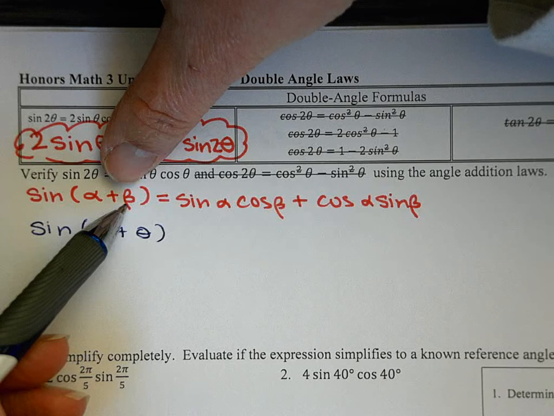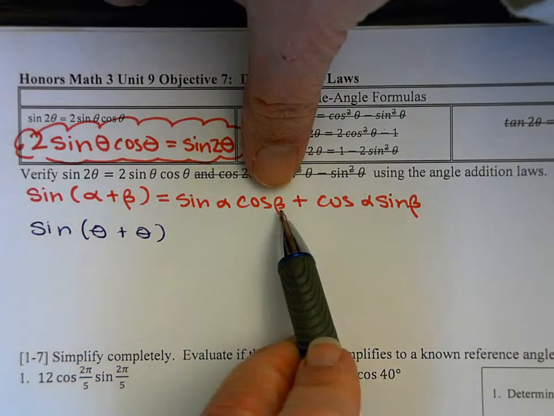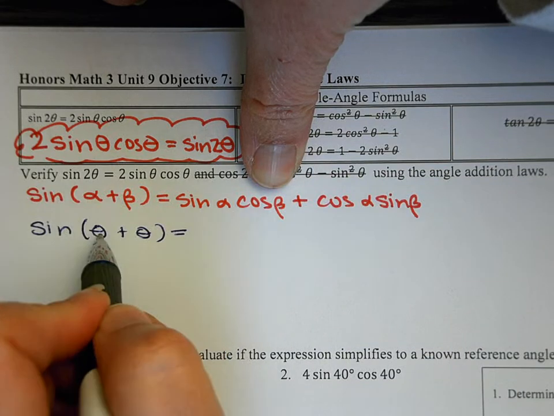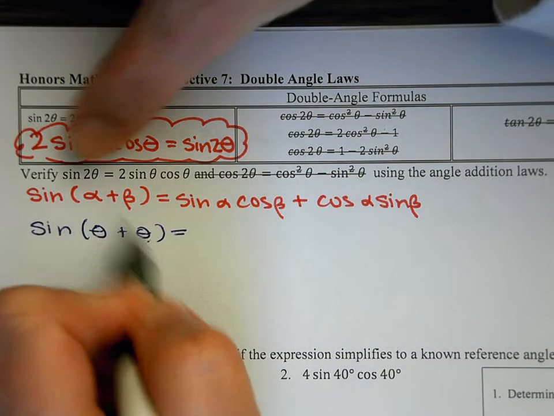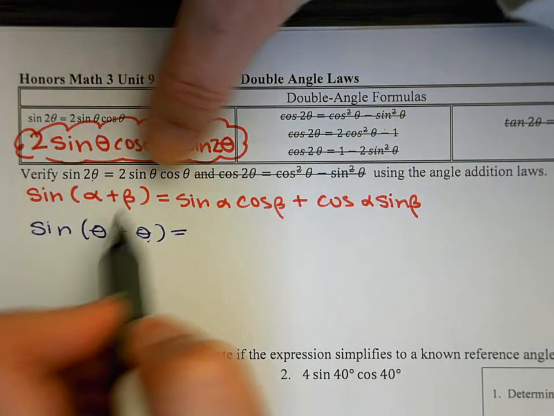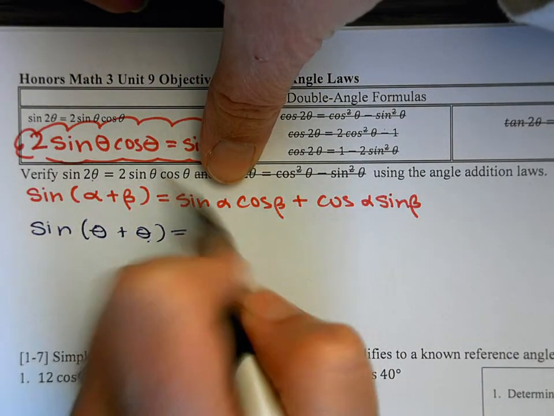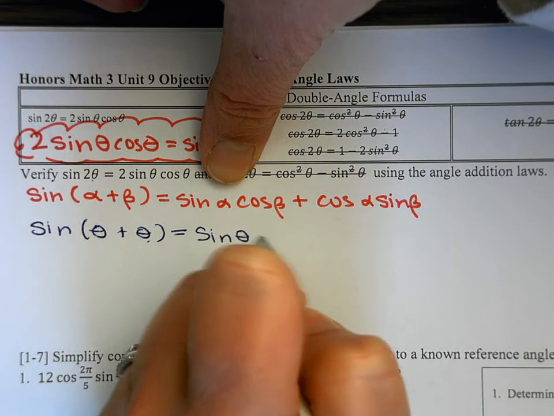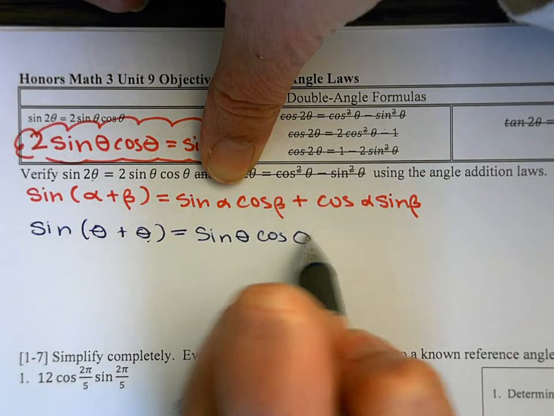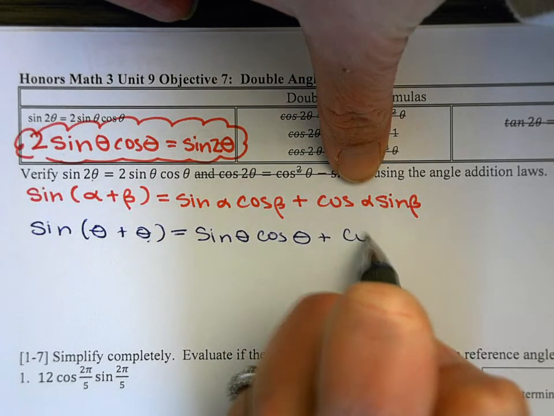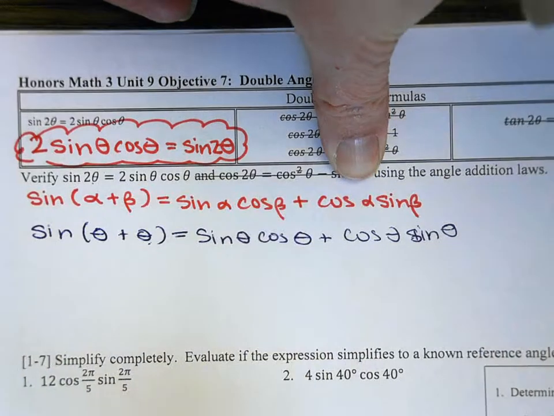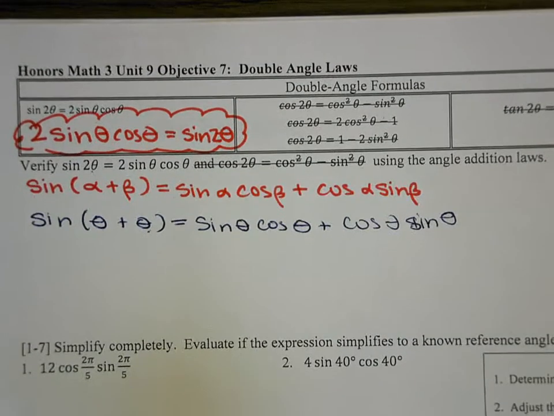Instead of alpha and beta, I'm going to have theta and theta, because that combines to 2 theta, and I'm just trying to show that this is true. So I replace alpha with theta, and also replace beta with theta, and do the same over here. So I'll have cosine of theta and then sine of theta. All I did was that substitution.